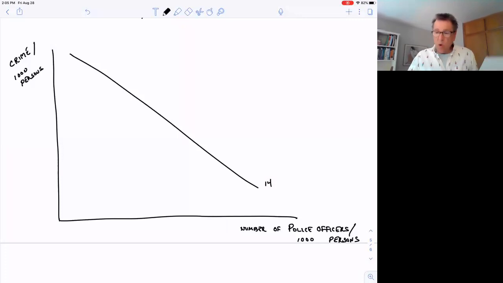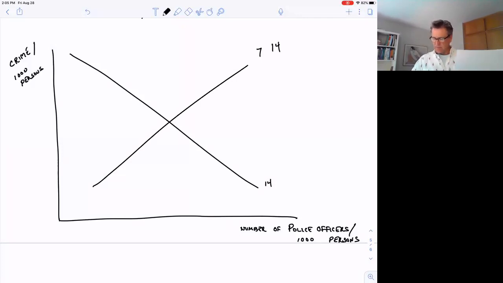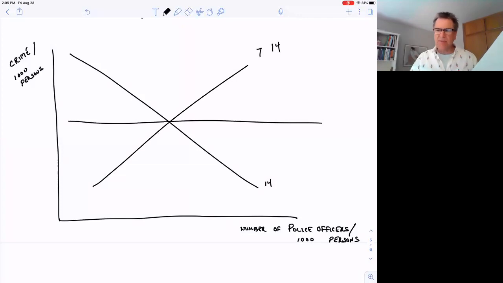They actually had more than 14 that were positively associated. Showing, boy, as you increase the number of police officers, there was more crime. Most studies showed nothing, just flat, no correlation between the two at all.